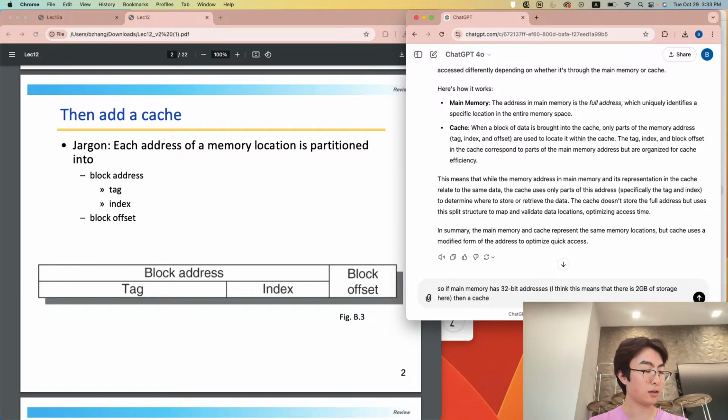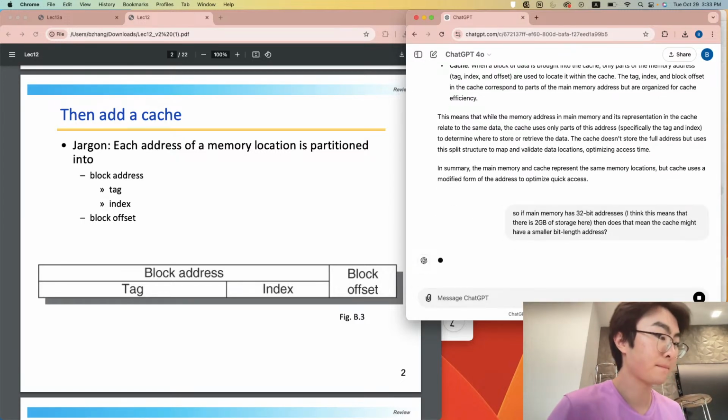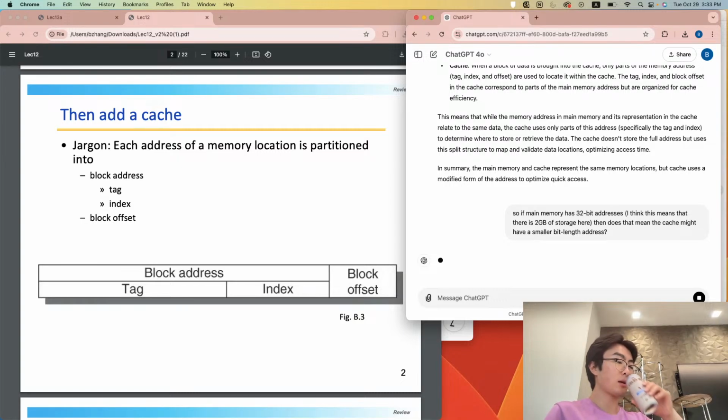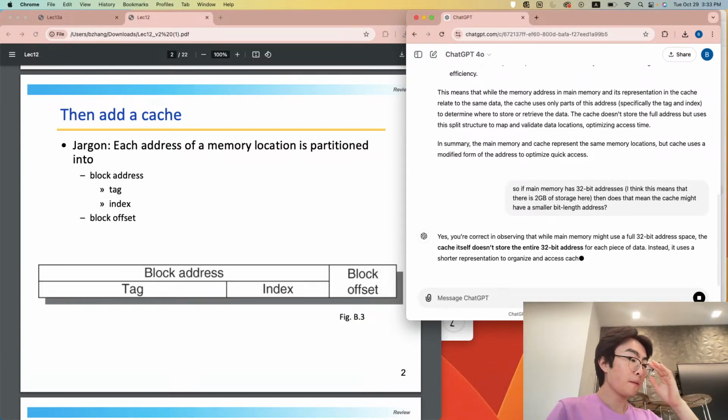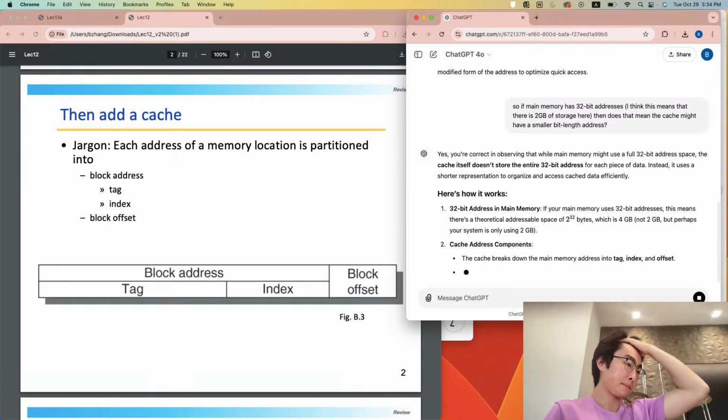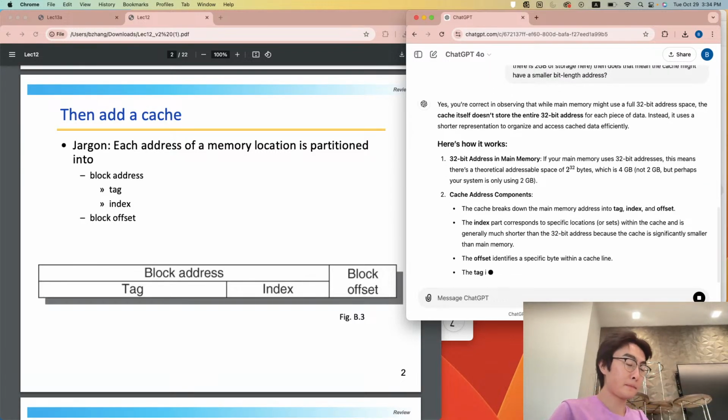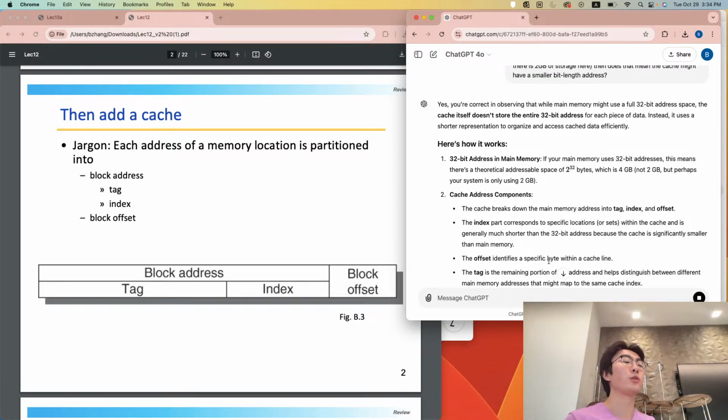Cache would have a smaller bit length address. Oh, 2 to the 2, right.